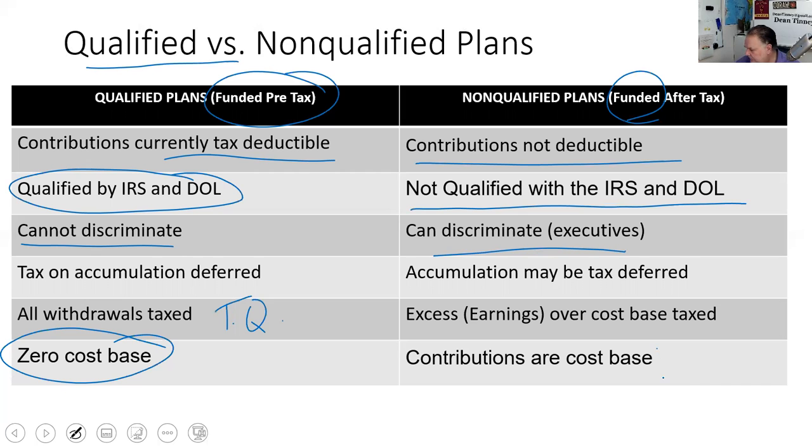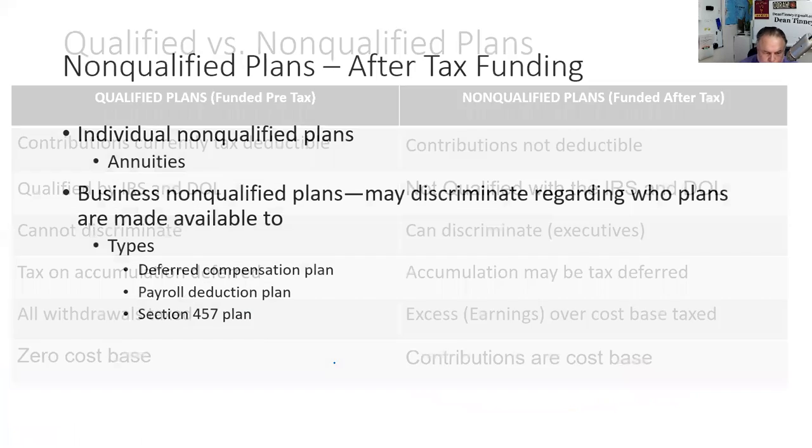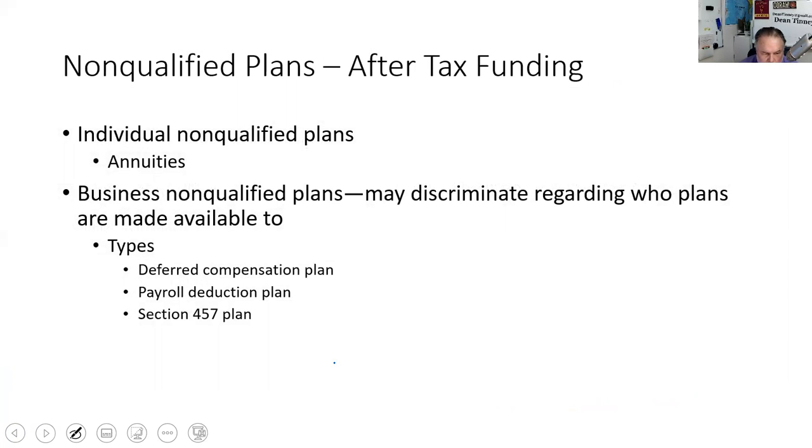And then the test question is, how are they different in terms of how they get taxed? Remember, we said it's always about not how things are alike, but how are things different? We're going to go over a couple of examples of this. So non-qualified plans, you're using after-tax funding.